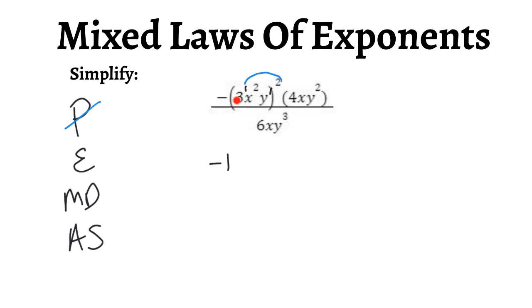So now, instead of saying 3 to the 1 power, we're going to have 3 to the 2nd power. I distribute the 2 with the 2. 2 times 2 is 4, times x to the 4th power. And lastly, 2 times 1 is 2. So we can say times y to the 2nd power.